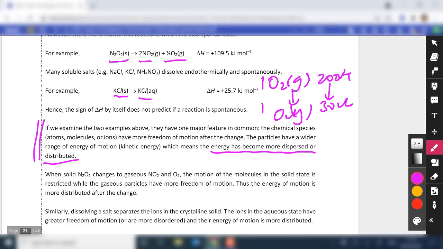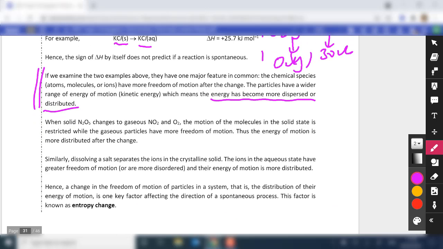The broadening allows the same number of moles of gaseous molecules to access greater kinetic energy. That means there are more ways for energy to be distributed in the same number of moles of gaseous molecules. So these are different ways we can understand entropy.